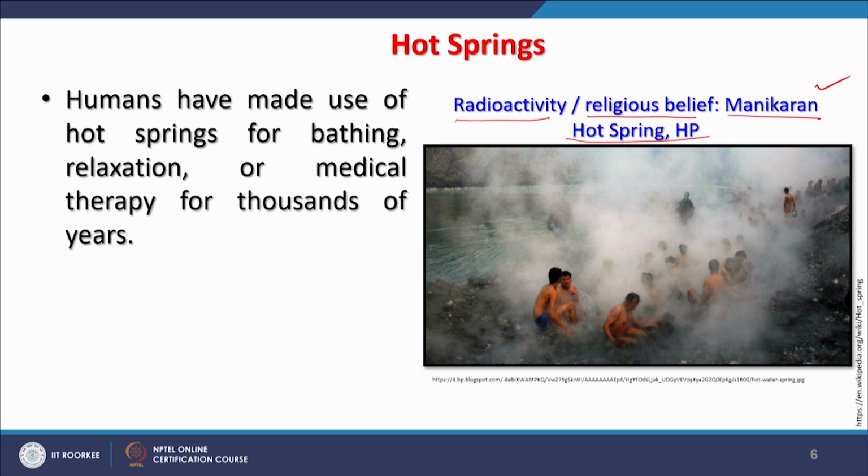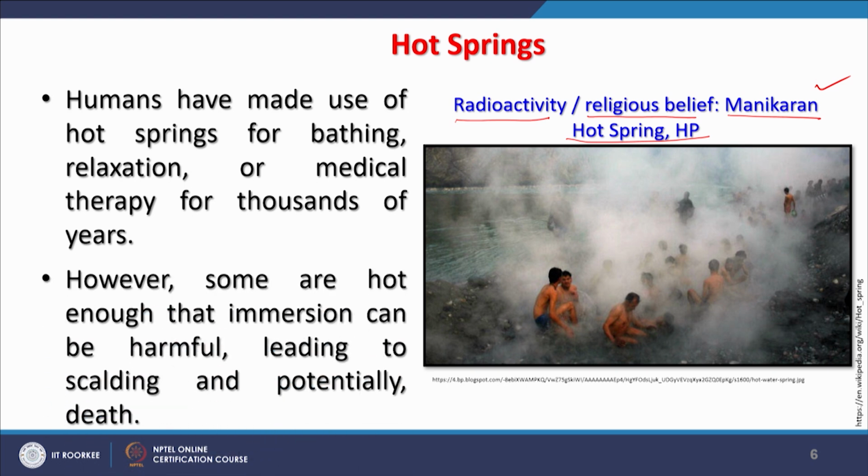So, humans have made use of hot springs for bathing, relaxation as you can see in the photograph, or medicinal therapy for thousands of years, because these springs have been bringing hot water from deep within the earth since ages.